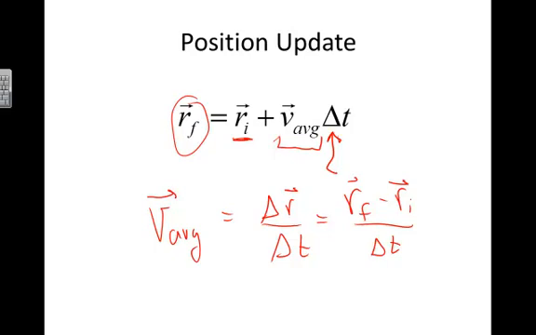Hopefully you can see that these two equations are very closely connected. Now, in later chapters, when we start dealing with changing velocities, we will make some additions to this equation that will make this a little bit more general.